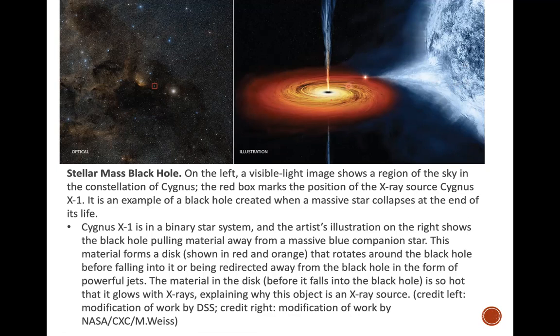And it will get heated up, and at some point it can emit X-rays as a result of that. And this X-ray is what we detect from X-ray telescopes, and this is an indirect way of telling that there is a black hole at this particular position, right? So these are just indirect evidences that we can tell that there are black holes.